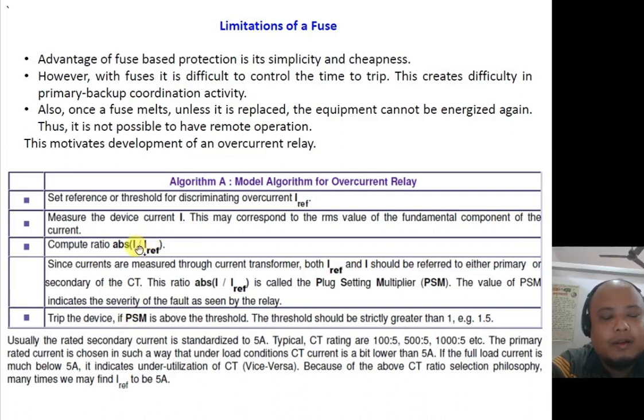If this PSM value is greater than 1, then the relay will send a trip command to the circuit breaker. Plug setting multiplier, PSM, is the ratio of absolute values of I by I reference. I is the incoming current from the CT, the transformed fault current, and I reference is the pickup value. It should be strictly greater than 1 for the relay to operate.